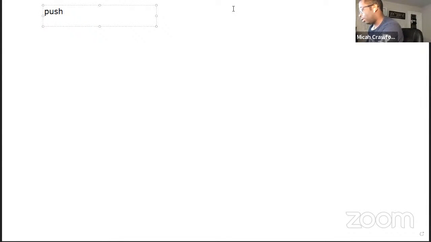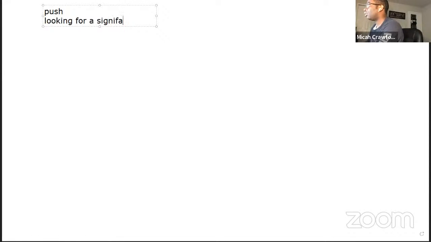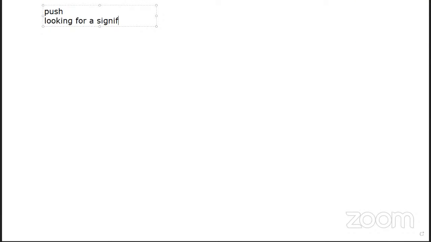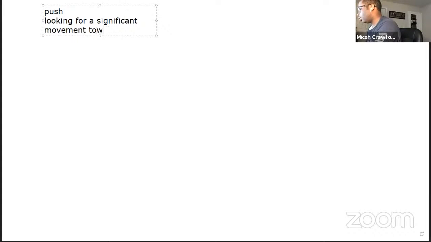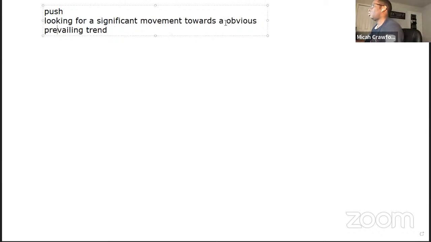It says, looking for a significant movement towards an obvious prevailing trend. So that's what we're looking for: a significant movement towards an obvious prevailing trend.